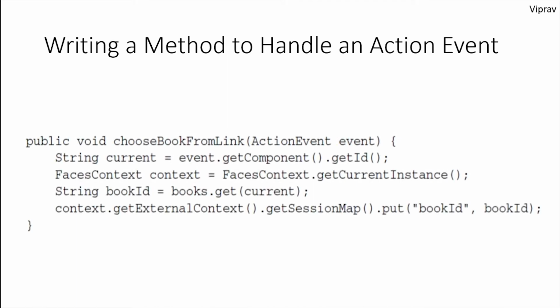Then there's writing a method to handle an action event. Now, this one is actually a bit simpler than what I explained. Handling an action event is usually referenced by a component's action listener attribute. Over here, you can see that this method gets the component that generated the event from the event object. Then it gets the component's ID, which is a code for the book.